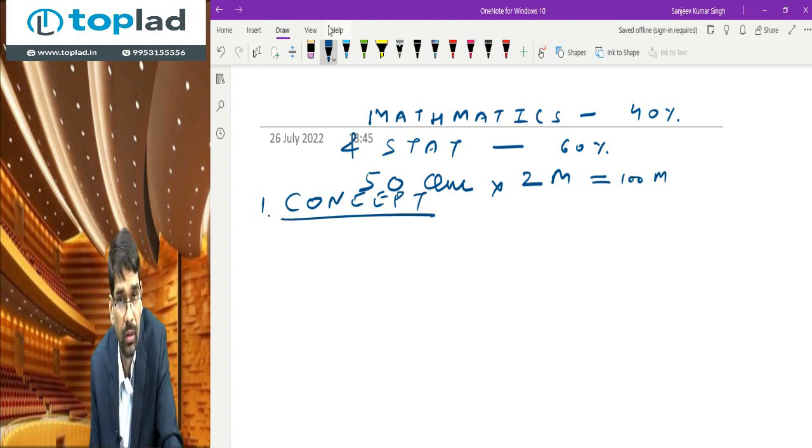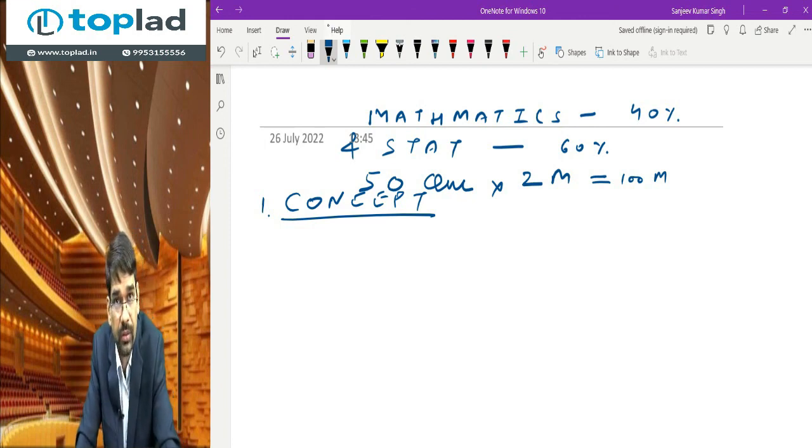Whenever we study a new chapter, we will talk about the concept part, because concept is very important. If you don't have the concept about the chapter, how will I start? So first of all, we will discuss the concept part.